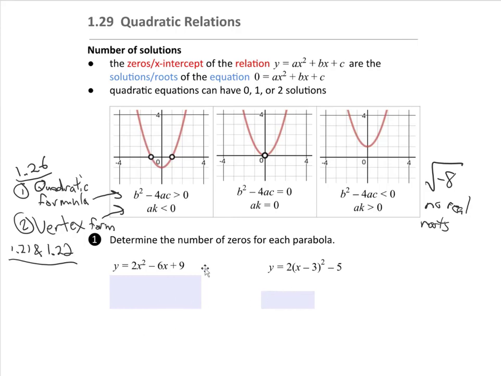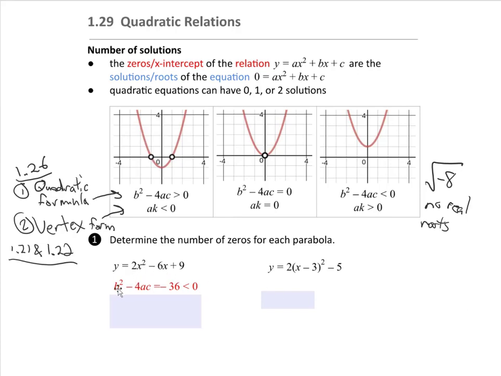First, we have to determine the number of zeros in each parabola. Here we have standard form. So if you're given standard form, you would plug in b squared minus 4ac. Remember, this is ax squared plus bx plus c. You would just sub in a, b, and c appropriately.